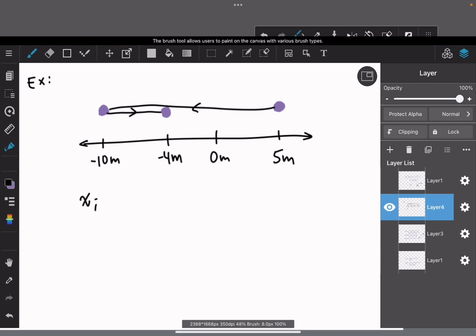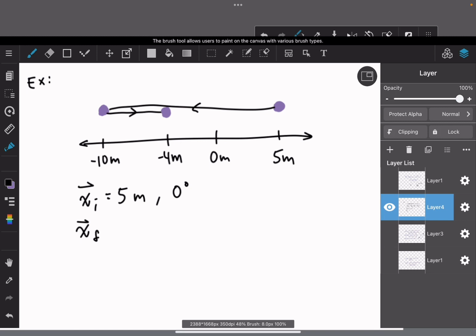So let's first find the initial position. Initially, the ball is 5 meters away from the 0-meter line. And because position is a vector quantity, you would also include direction. Because it is directly right of the 0-meter line, you would say that the direction is 0 degrees. Now let's find the final position.